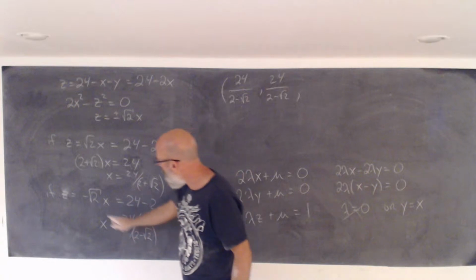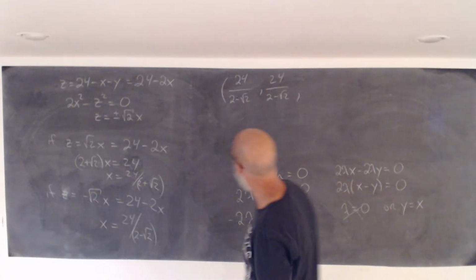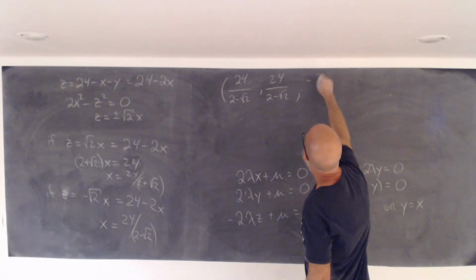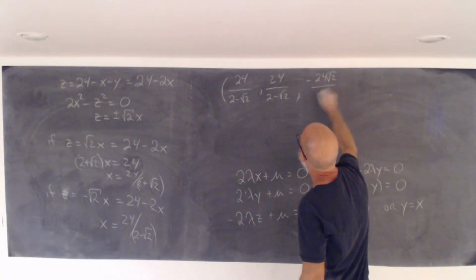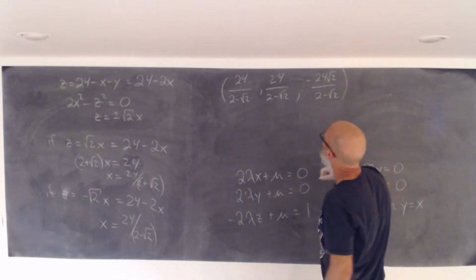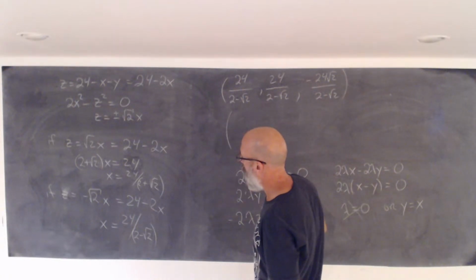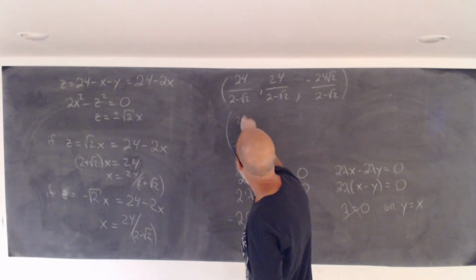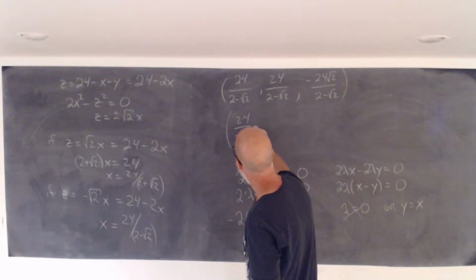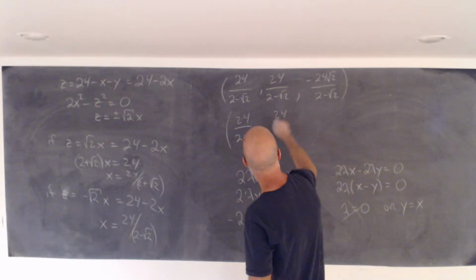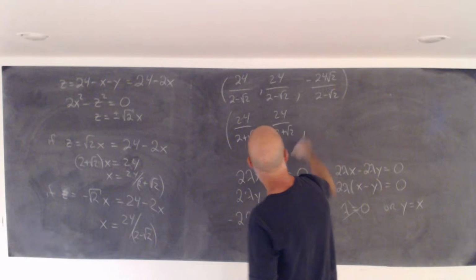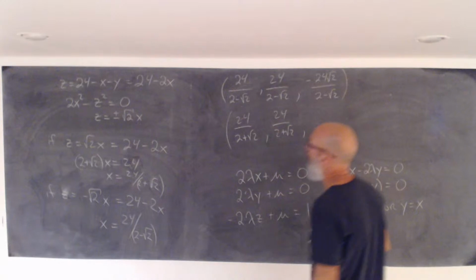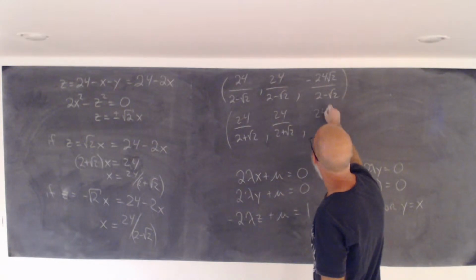And then z is negative root 2 x, so minus 24 root 2 over 2 minus root 2. That's 1 point. And if x is the other one, 24 over 2 plus root 2, y is the same, and z is root 2 x, so 24 root 2 over 2 plus root 2.